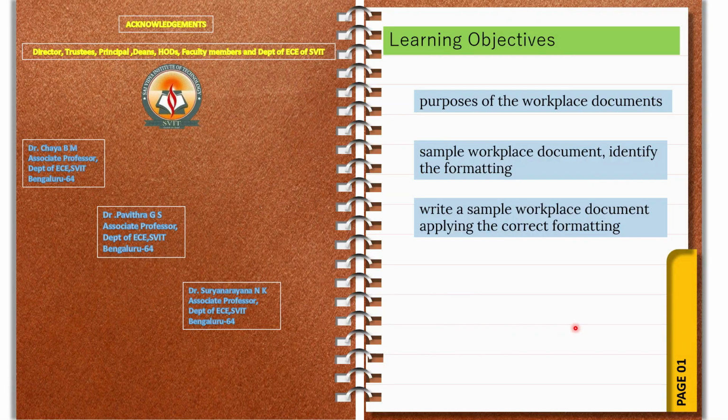So what are the learning objectives? Our learning objective is to understand the professional documentation at the workplace and understand a sample workplace document, what formatting they are using, and we are going to write a sample workplace document with proper formatting.